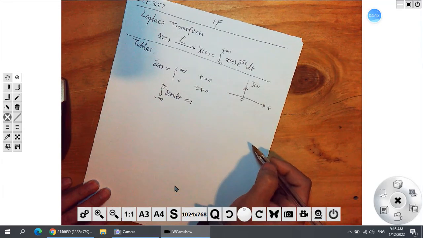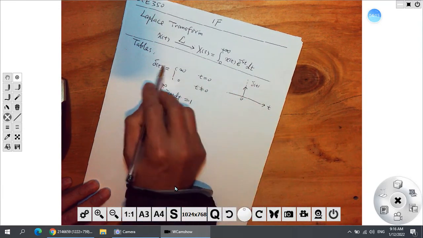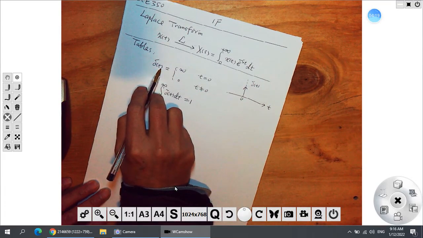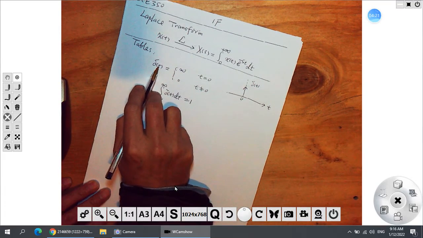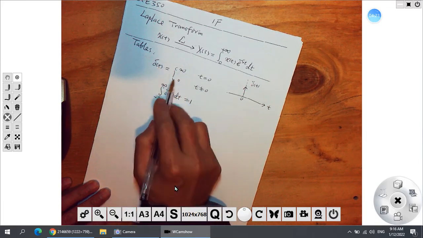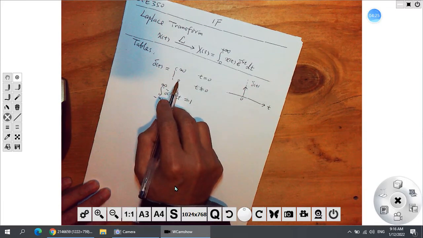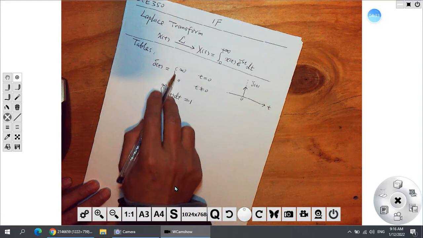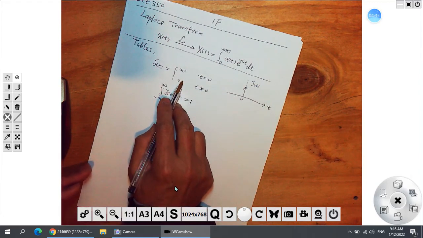You know, because you think this is infinite, right? If you multiply delta of t by 2, what will happen? Here 0 times 2 is still 0. Here 2 times infinity is still infinity, right? If you just look at here, it seems nothing changed. So you would see 2 times it is the same as itself.